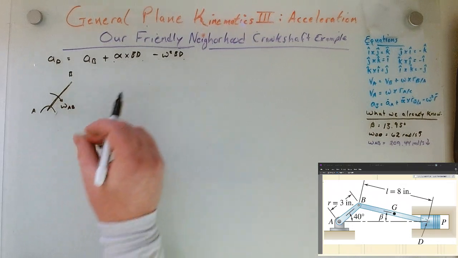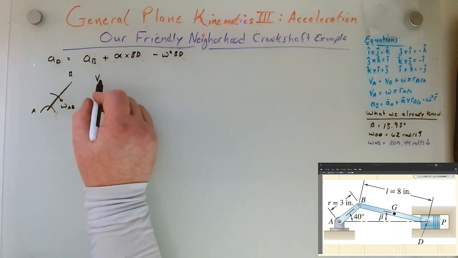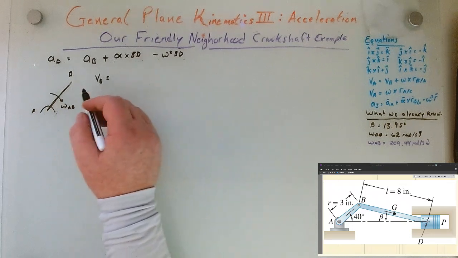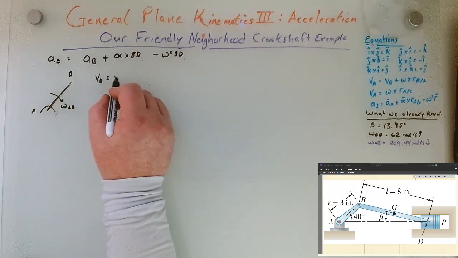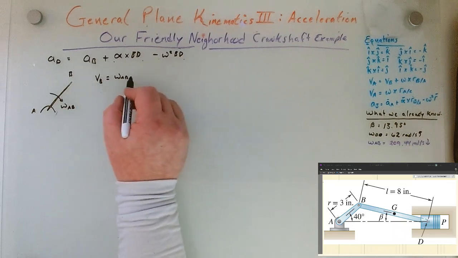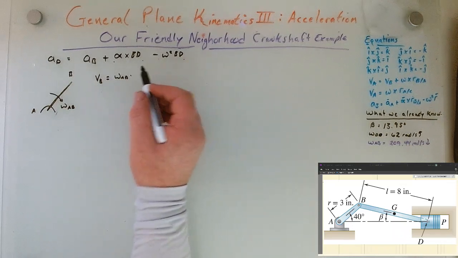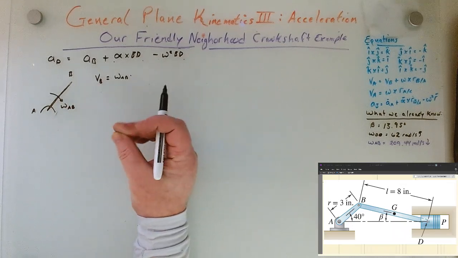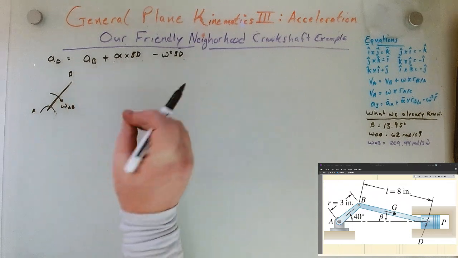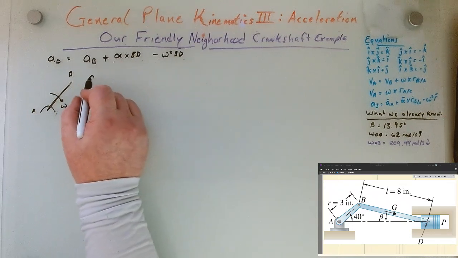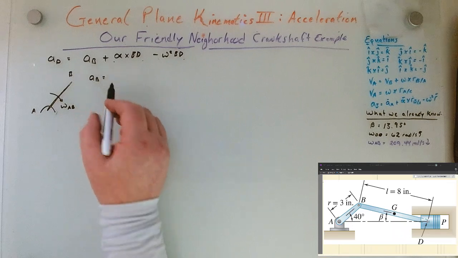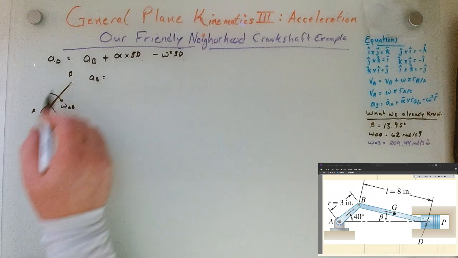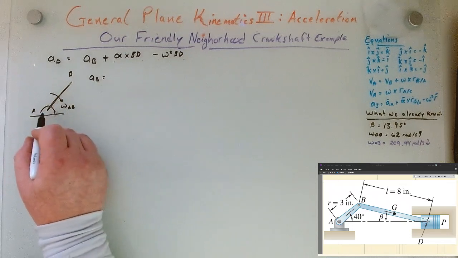And our velocity V_B is equal to the cross product of omega AB times the position. I'm not sure if I need that though. All I'm looking for is the acceleration. All right, long day. The acceleration of B is actually just equal to these, because A isn't moving, so I don't need A sub A. A sub A is 0.